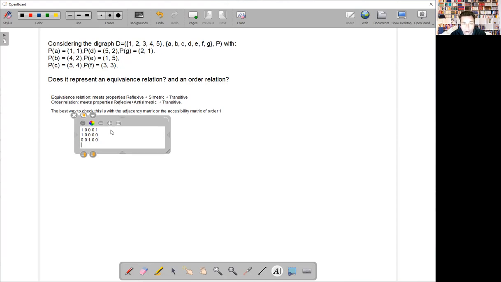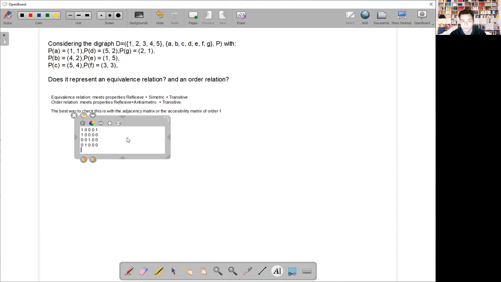So we go to the fourth row, and we don't have any path of length 1 from 4 to 1. We have a path of length 1 from 4 to 2, right? We don't have any path of length 1 from 4 to 3. We don't have from 4 to 4, and we don't have from 4 to 5.